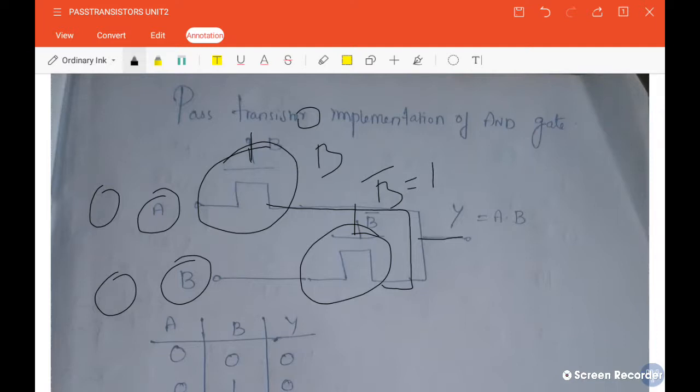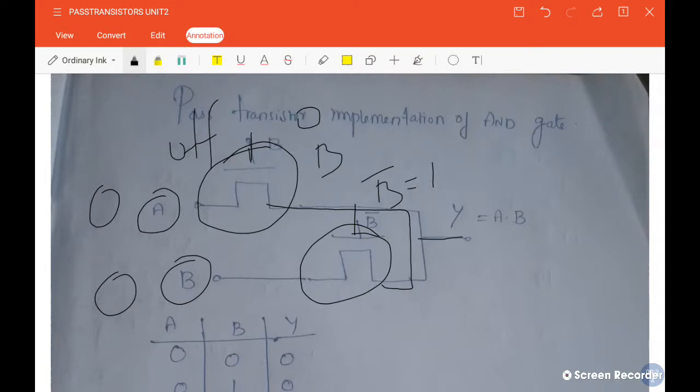Now check the operation of these MOS transistors. You know very well, an NMOS transistor turns on when the gate is high. Whenever the gate is high, the MOS is on. Here the first NMOS is obviously not on because the gate is 0, so the first NMOS is in off mode. Then look at the second NMOS.